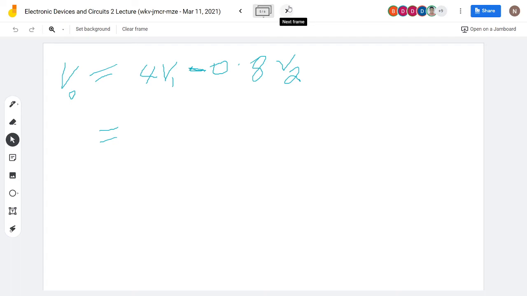the output voltage for a difference amplifier could be written as 1 plus R2 over R1. And look how I'm going to change this now. I'm doing this deliberately because I want you to understand that it really doesn't matter which voltage you put first, V1 minus V2 or V2 minus V1.